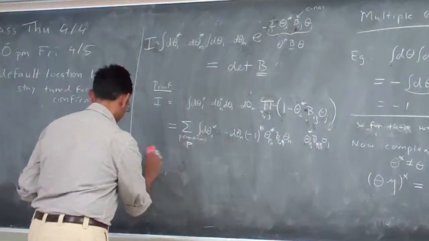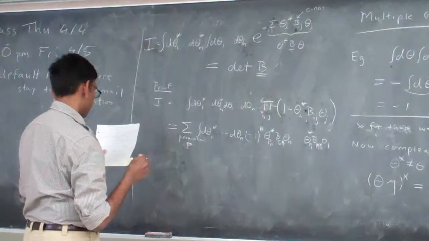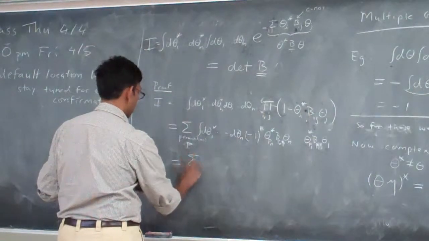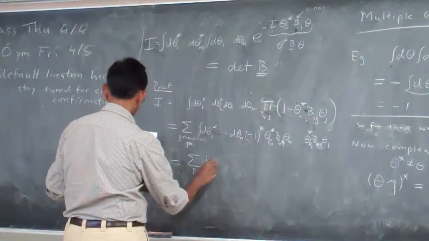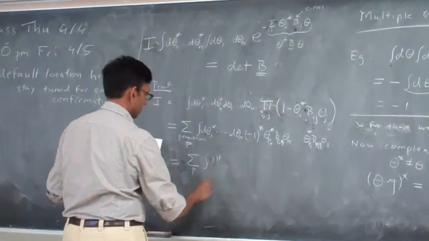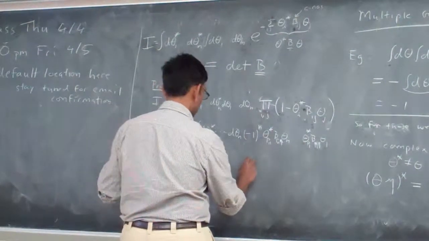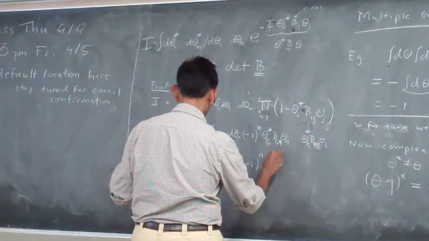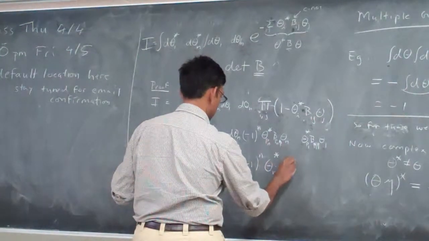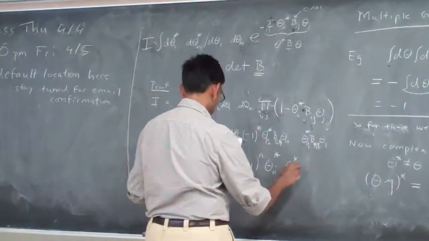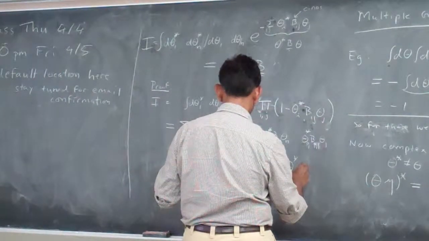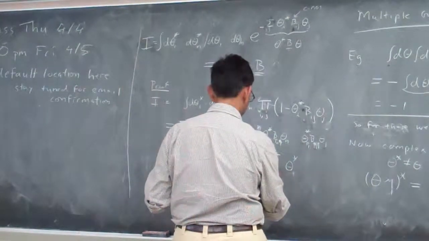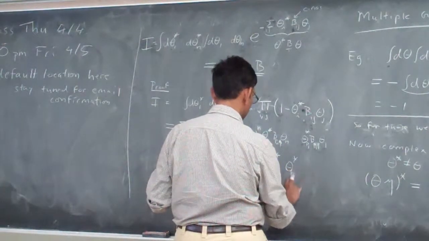So then, this is equal to the sum over permutations, integral of all of this junk, the -1 to the n. Then there's theta n star down to theta 1 star and theta... Sorry, I should say Pn star down to P1 star.